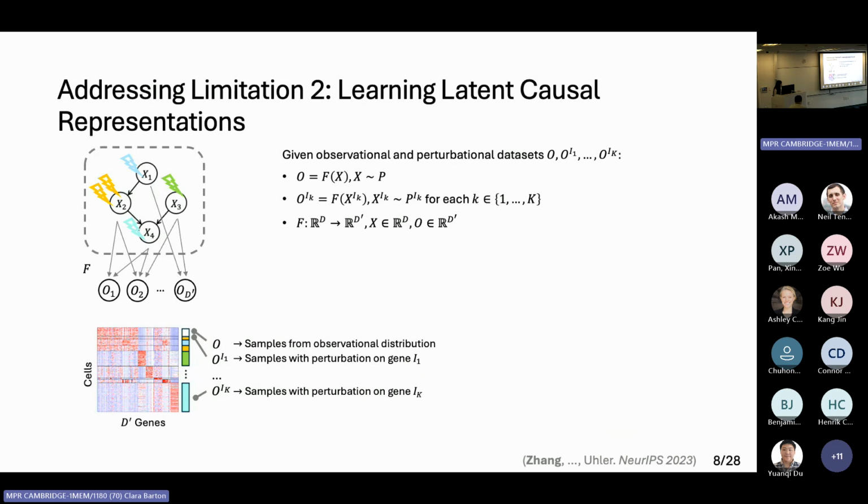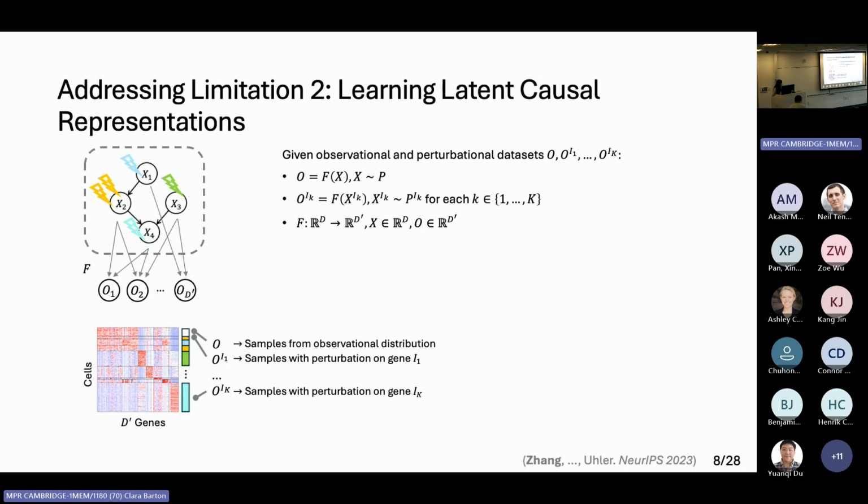So P is, in this example, a joint distribution between x1 to x4, and that's going to factorize according to this graph. And then PIK would also factorize according to the same graph, but only the mechanism of IK is changed. So that's a hidden point. I haven't put out the details on the slide yet, if that makes sense. It does. Thank you.